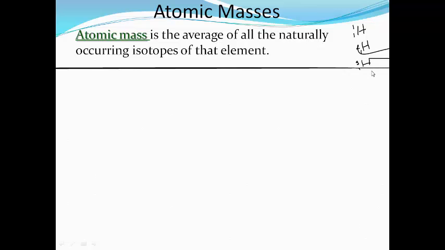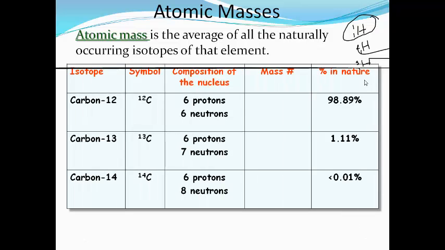These are the 3 naturally occurring isotopes of hydrogen, and they each have a different mass. Hydrogen 1 is the most abundant form of the atom in nature, and then there are smaller amounts of hydrogen 2 and hydrogen 3. It's the averages of these that give us the atomic masses that we see on the periodic table. So let's see how that works.